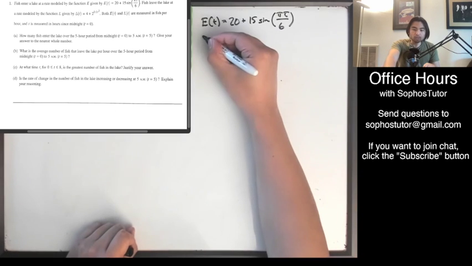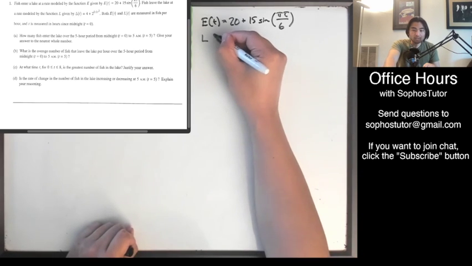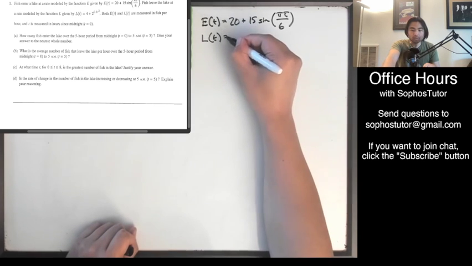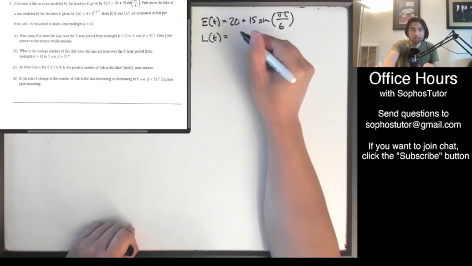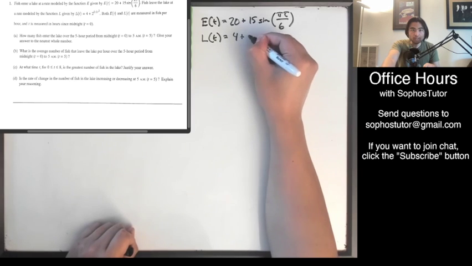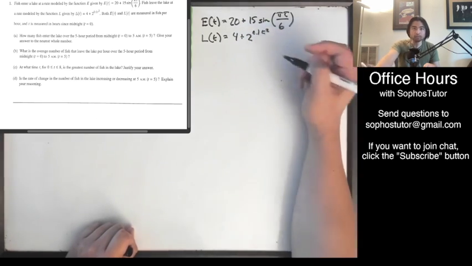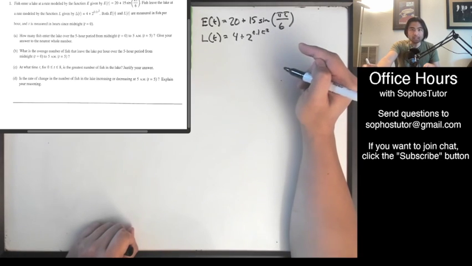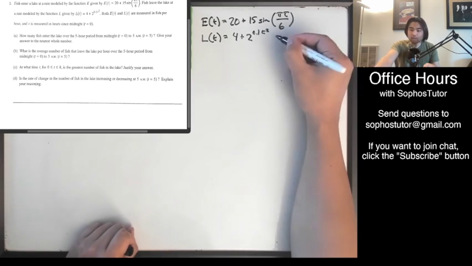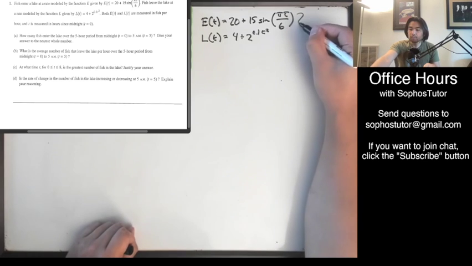It also says that fish leave the lake at L of t equaling 4 plus 2 to the 0.1 t squared. And it says that both E of t and L of t are measured in fish per hour.